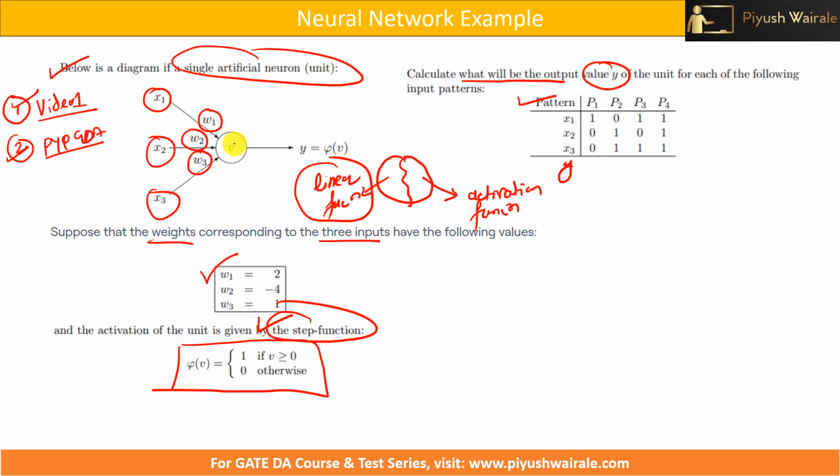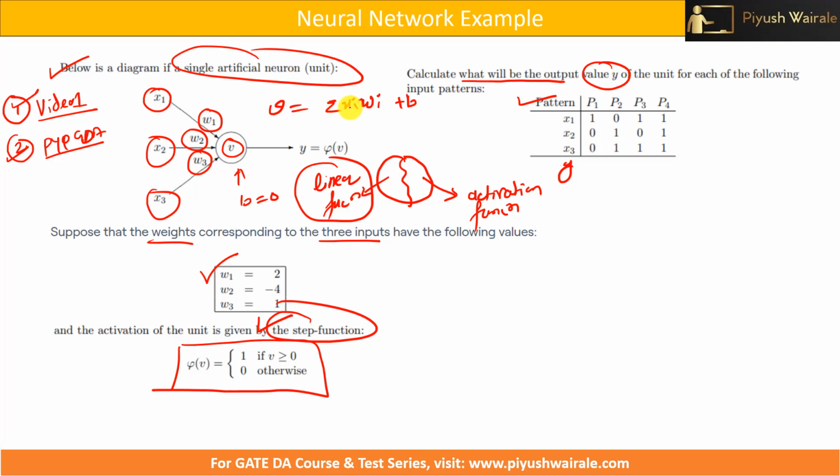How do we compute this? The linear function in terms of the inputs and weights is, in general, the summation of xi wi plus b, where b is the bias and i varies from 1 to n. Here we don't have any bias given, so we consider it as 0.